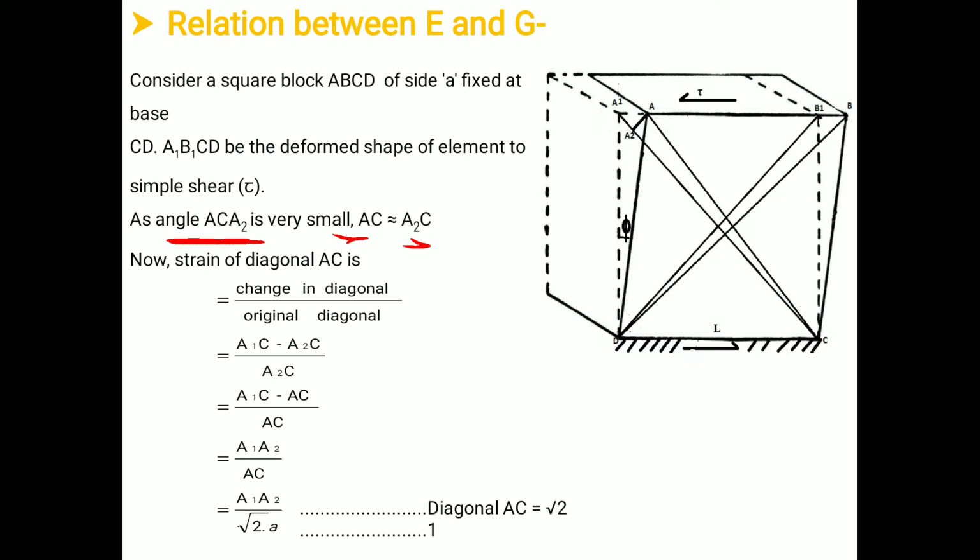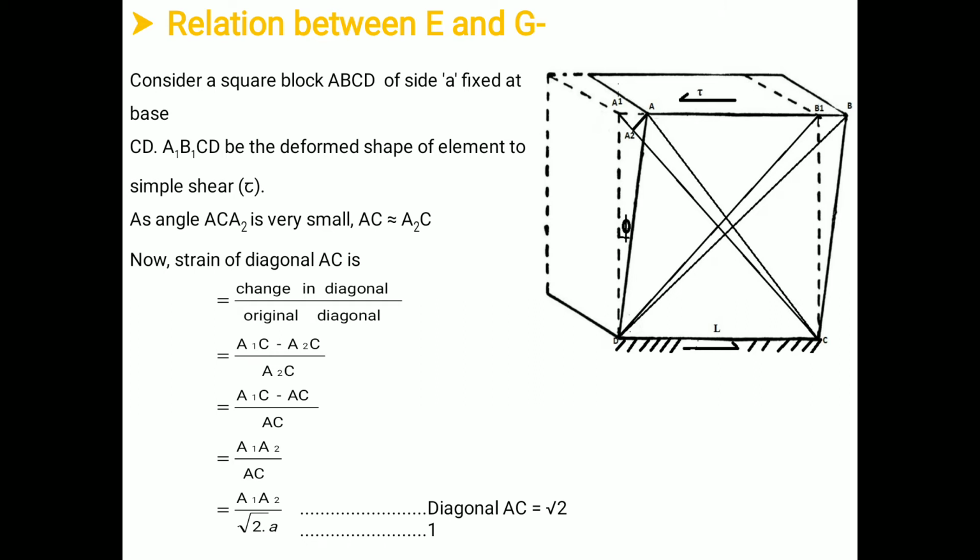Now, as discussed earlier, strain is nothing but the change in dimension upon the original dimension. In our case we have the change in diagonal upon the original diagonal. If you look at the figure, the change in diagonal is A1C minus A2C and the original diagonal is A2C.